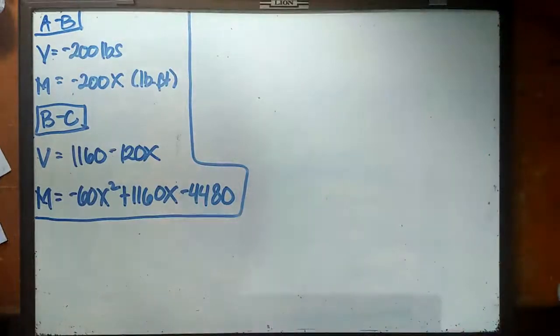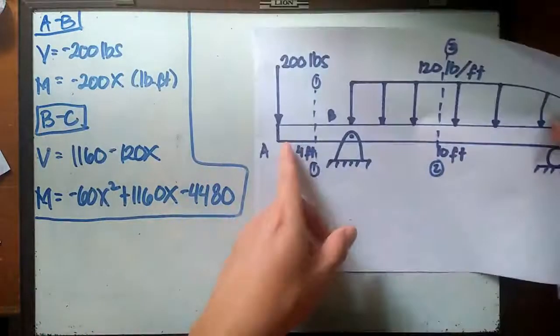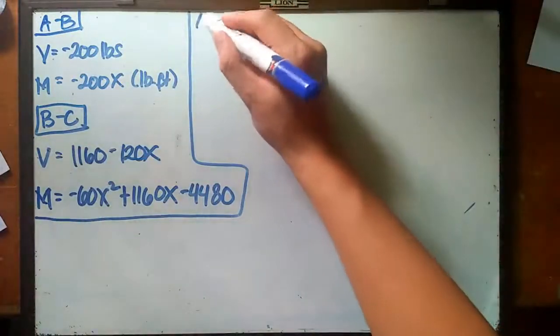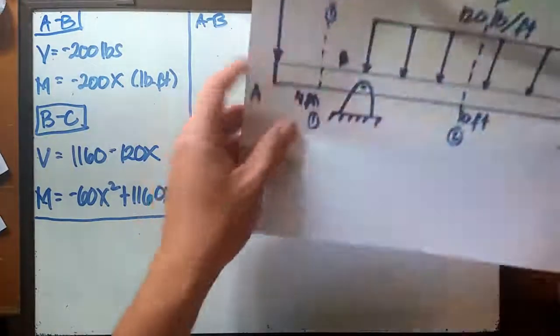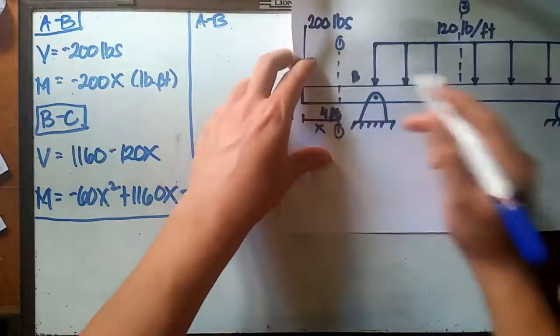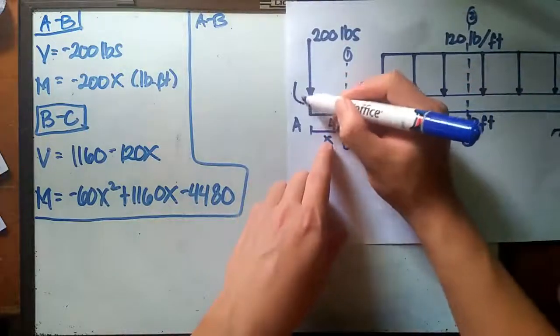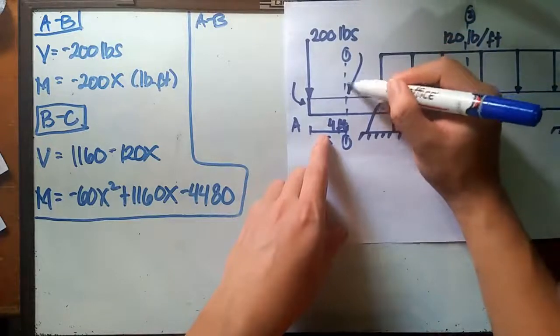And what are those limits that we're going to use? Well, obviously, we're going to start at segment A-B. For segment A-B, we need to get this length x to a certain value, and that value should be from this point A all the way to this portion of the beam.